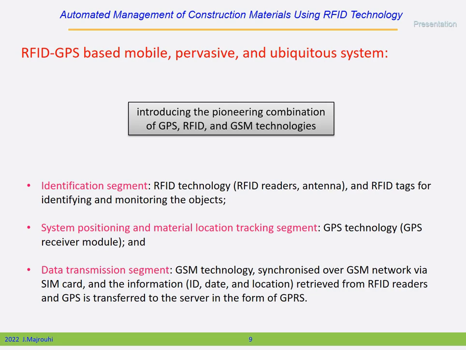System positioning and material locating tracking segment is GPS technology, and data transmission segment is GSM technology synchronized over GSM network via SIM card, and the information including ID, data, and location retrieved from RFID readers and GPS is transferred to the server in the form of GPRS.